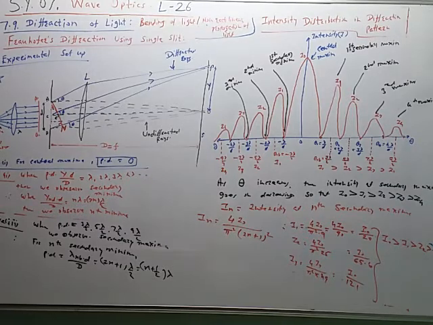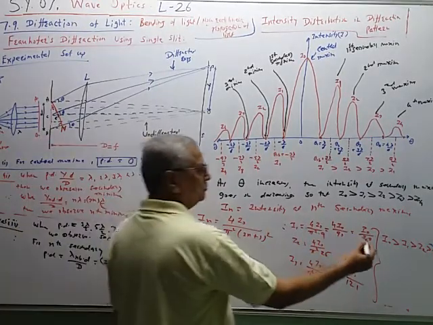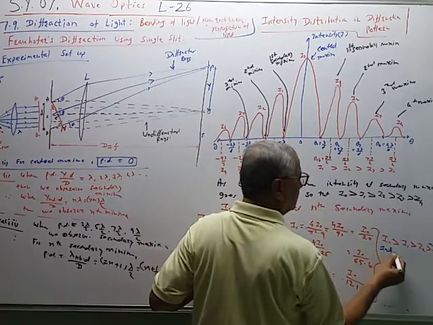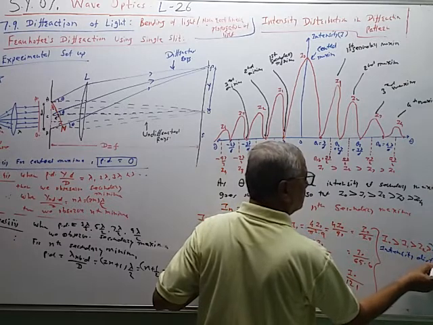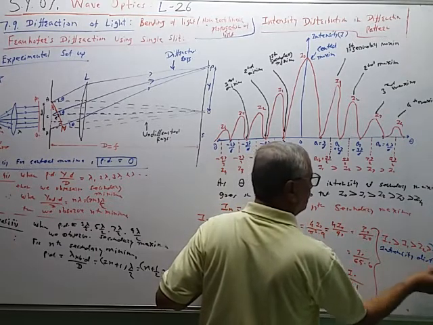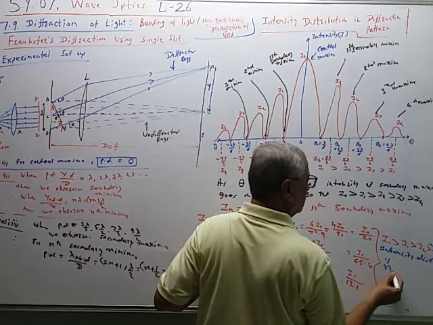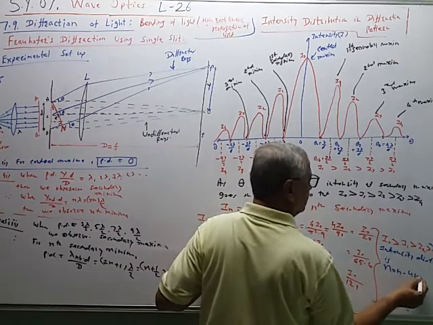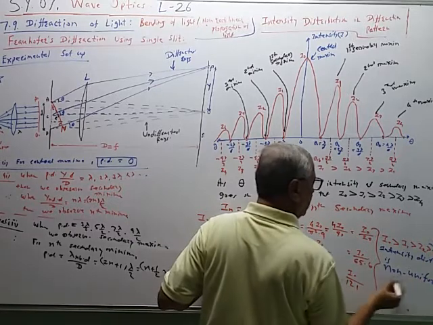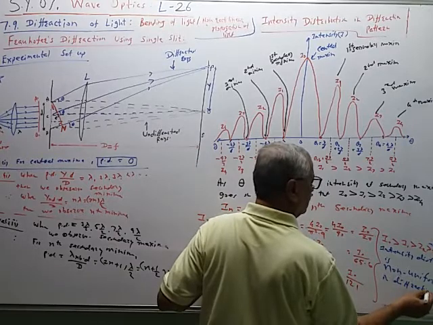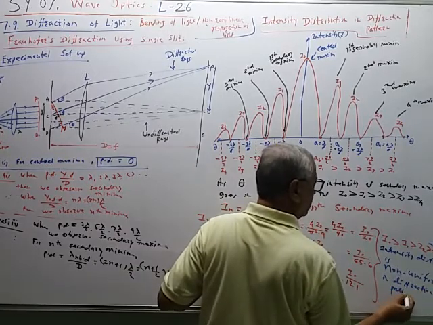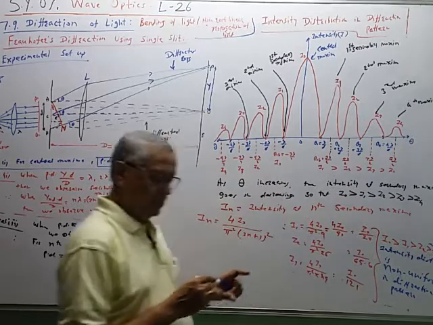So I0 is greater than I1, etc. So intensity distribution is non-uniform. This equation shows that intensity distribution is non-uniform in the diffraction pattern, like this.